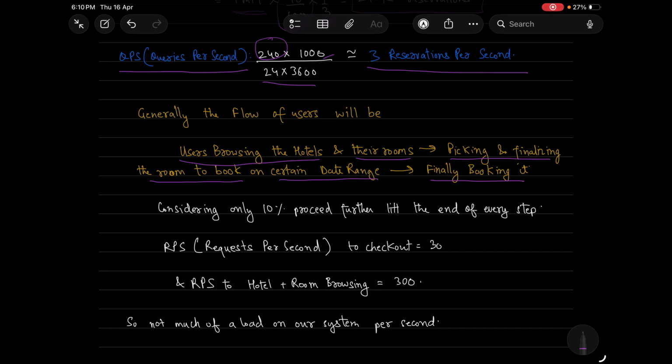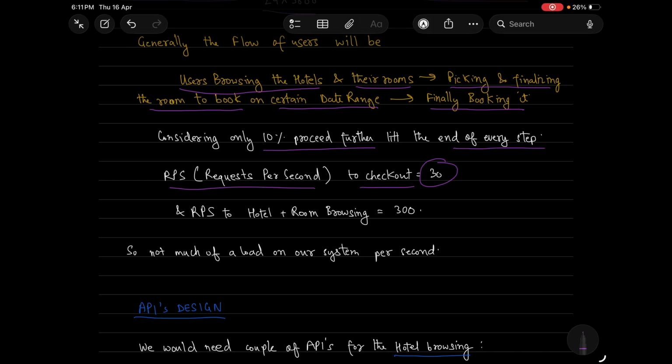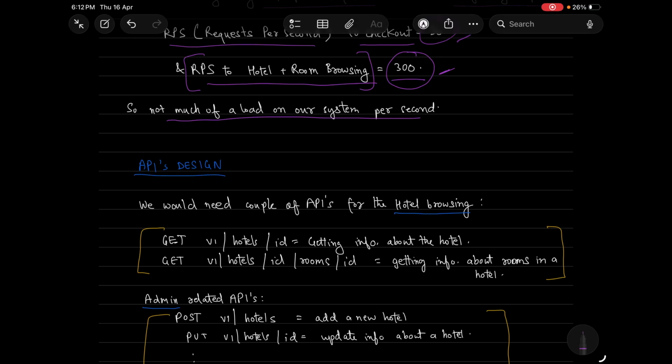So let's see the requests per second to checkout. This comes out to be around 30, and RPS to hotel plus room browsing, let's take 10 times of that as 300. So not much of a load on our system per second.